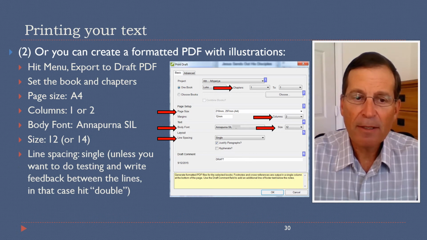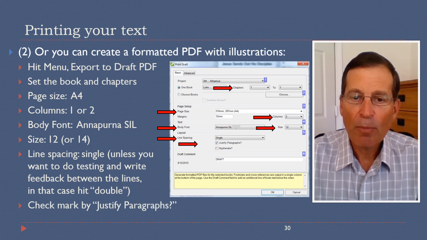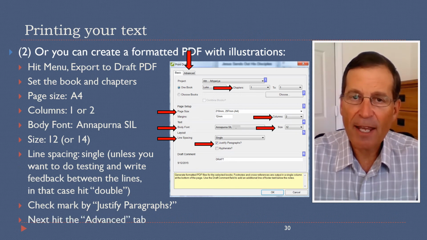Line spacing, put that to single unless you want to do testing and write feedback between the lines. In that case, you would hit double. Put a check mark by justify paragraphs. And next you would hit the Advanced tab.